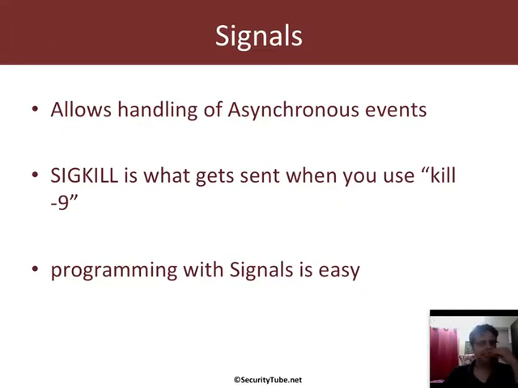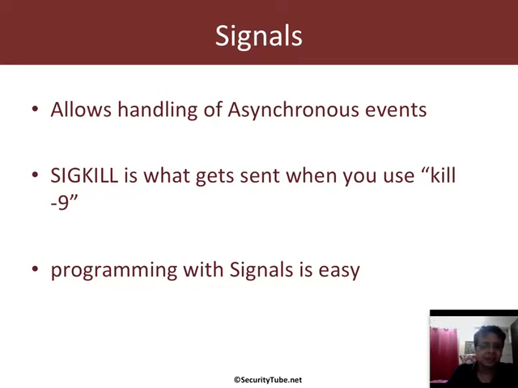So what are signals? Well, they allow you to handle asynchronous events properly. One of the most common examples I can give is when, on a Unix or Linux system, a specific process does not seem to exit on its own gracefully, you may have used the kill -9 option along with the process ID to kill that process.